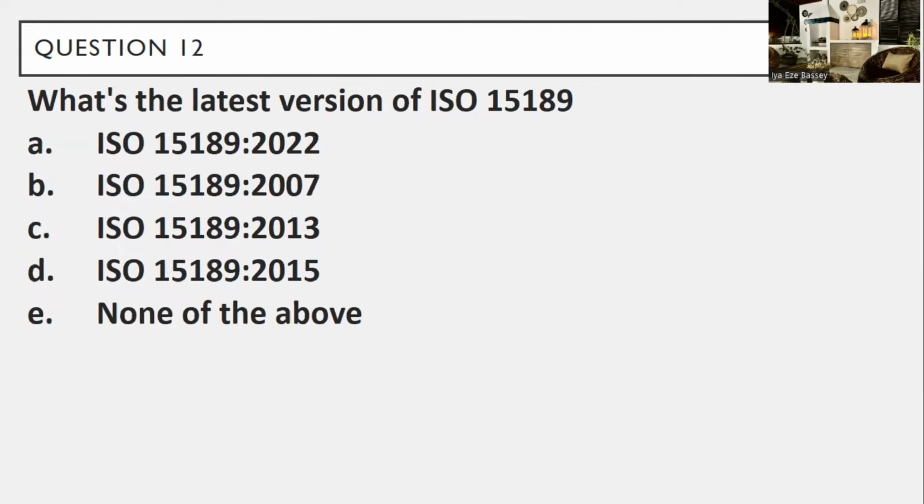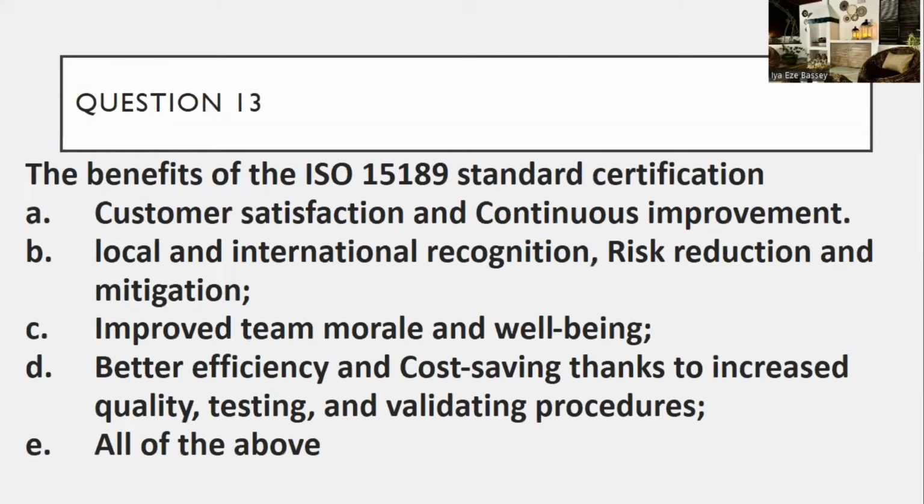So what's the latest version of ISO 15189? The last version as at today, which is I think the 8th or 9th of November. No, 8th or 9th of December 2023, the latest version for now is the 2022 version.